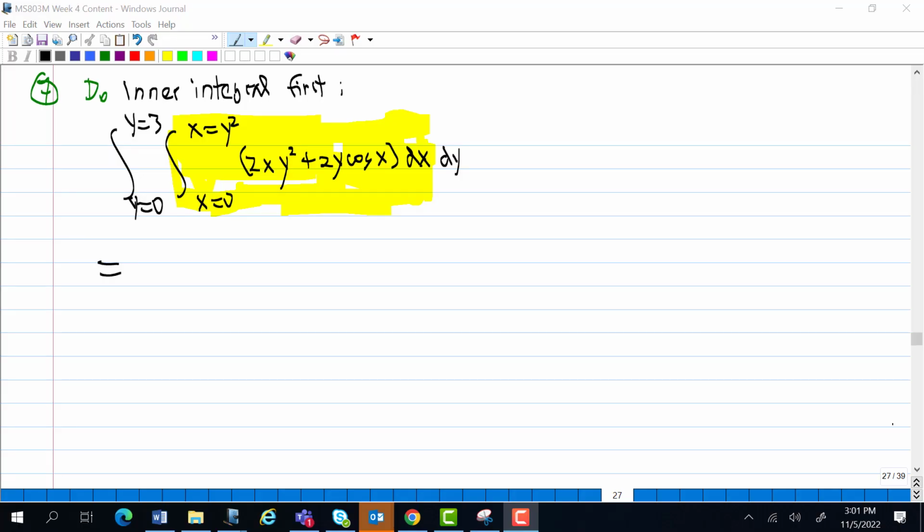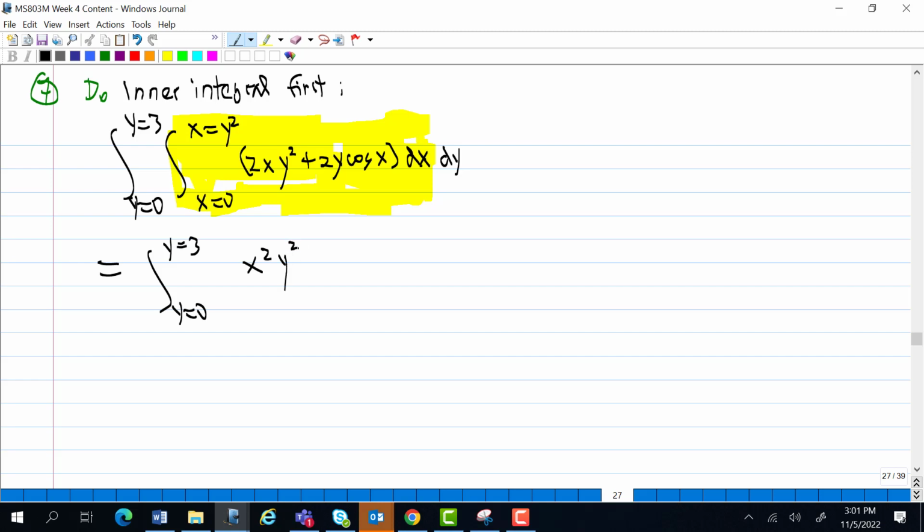We will do the inner integral first. That means we integrate x from 0 to x equal to y squared, and you keep y constant. So this is going to be y from 0 to 3. Integrate 2xy squared. Y is constant now, so integrating 2x you get x squared.